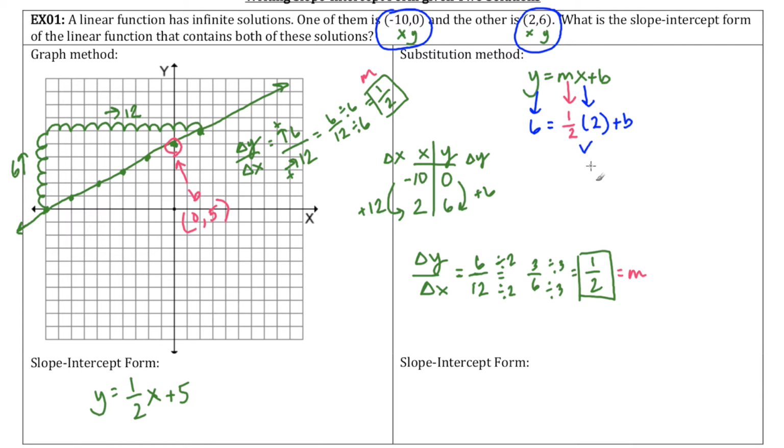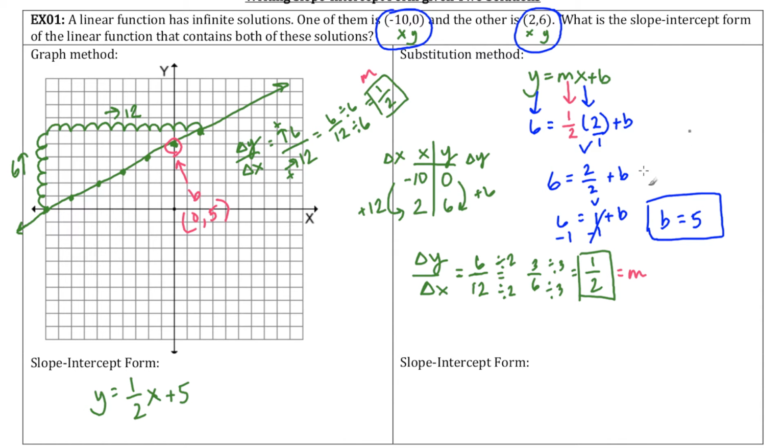So 1/2 times 2. 1 times 2 is 2 over 2 plus b equals 6. And then 2 over 2 is 1. And then we take away 1, and that goes away. And b equals 5.